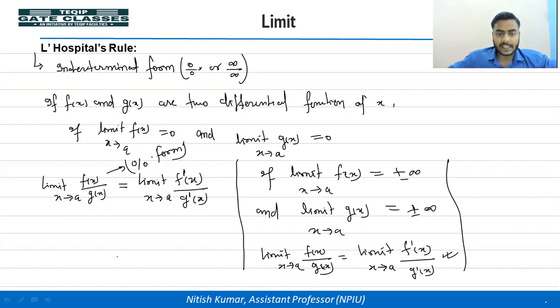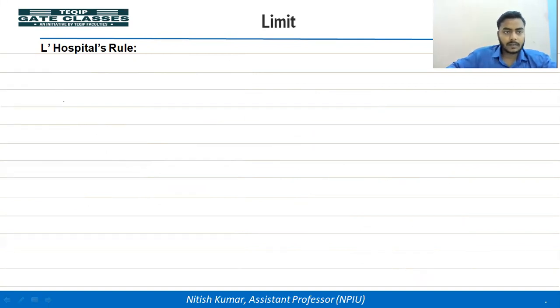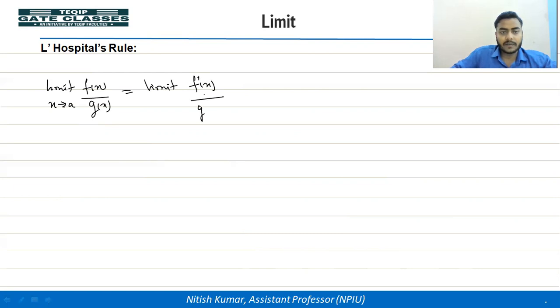Okay, now in some cases you will see, let's write here, limit of a function fx divided by gx when x tends to a is equal to limit of derivative of fx divided by derivative of gx when x tends to a. So suppose this is also 0 by 0 form or infinity by infinity form.